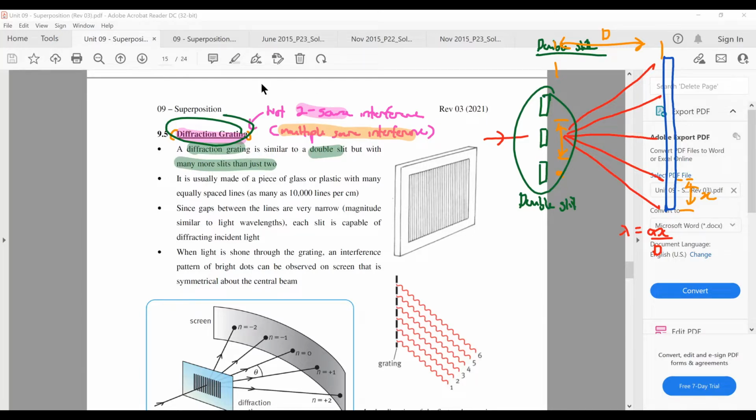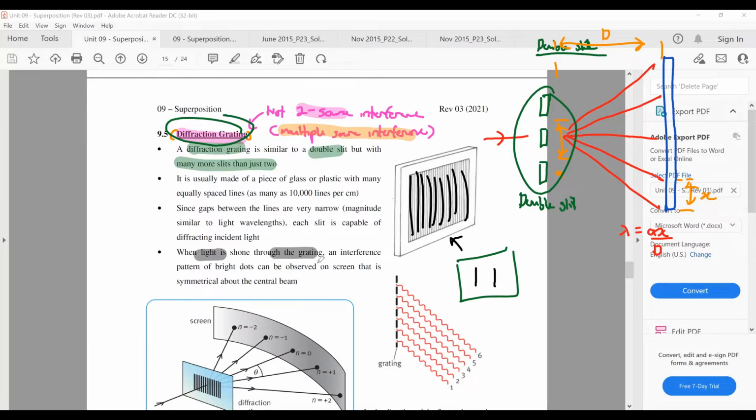Double slit would just be something that looks like this with two slits, but a diffraction grating has many slits. So for diffraction grating, you will shine light through it, place a screen behind it, and you will also start to see an interference pattern on the screen.